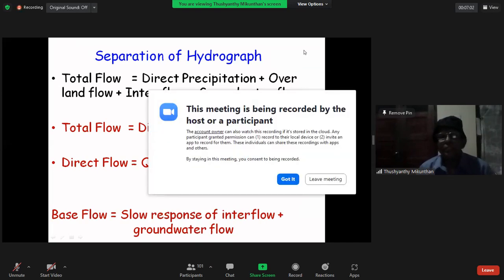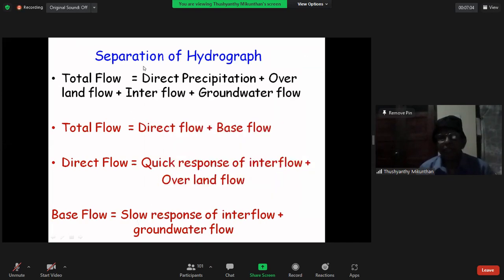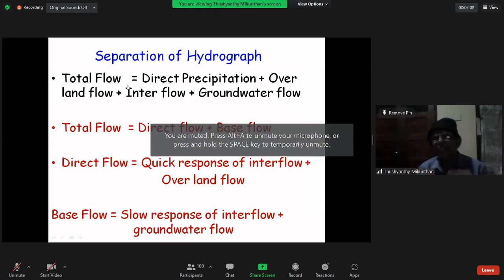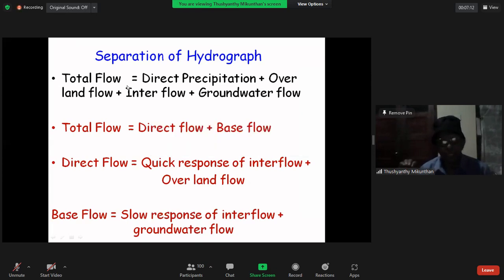Recording in progress. Just a quick revision of last class. Based on the separation of hydrograph, there are 4 components of the hydrograph. According to that, total flow is equal to direct precipitation plus overland flow plus interflow plus groundwater flow.